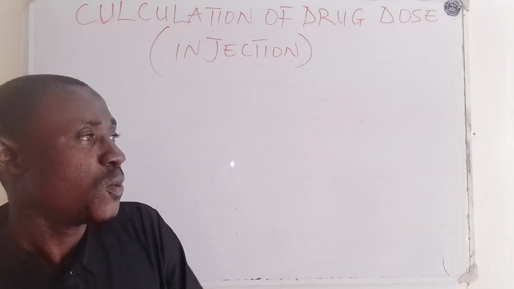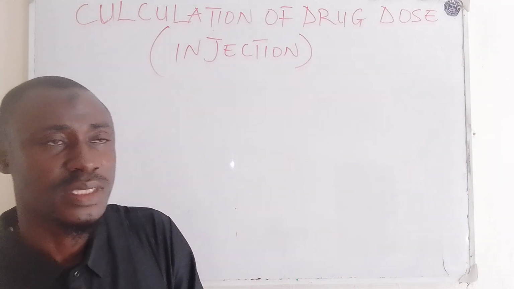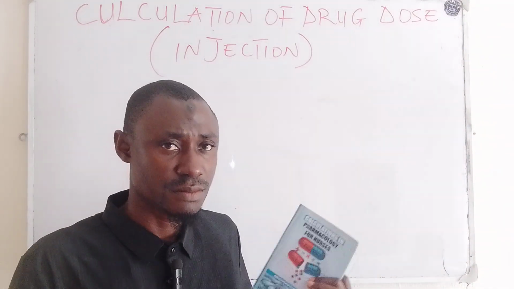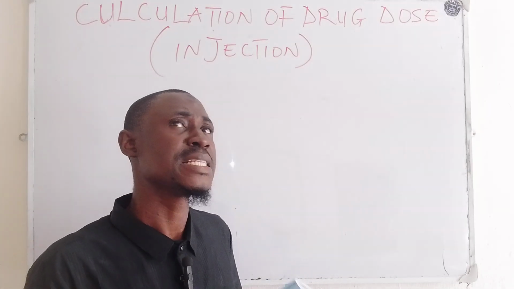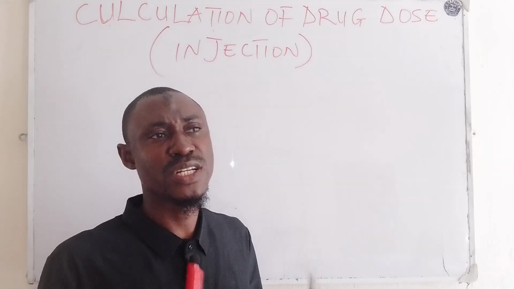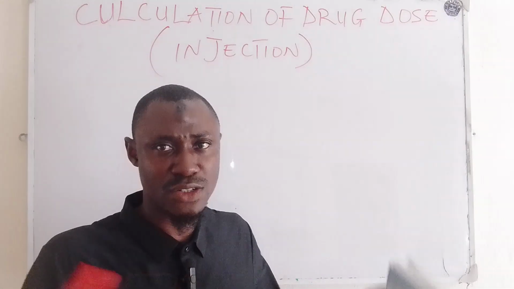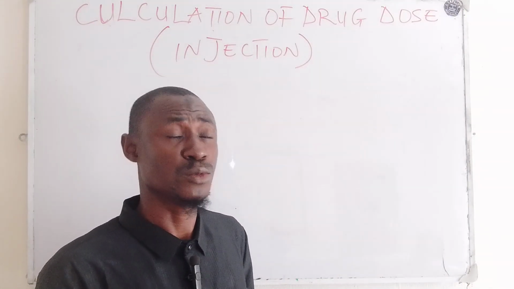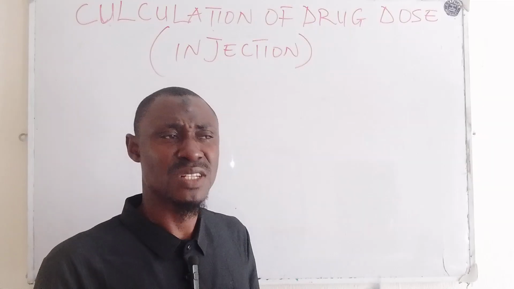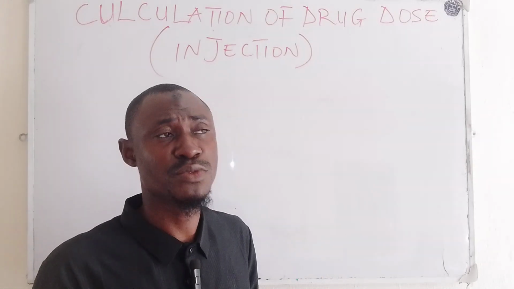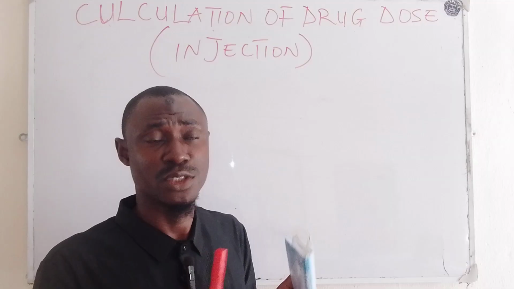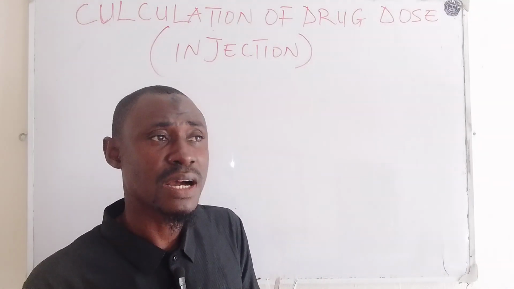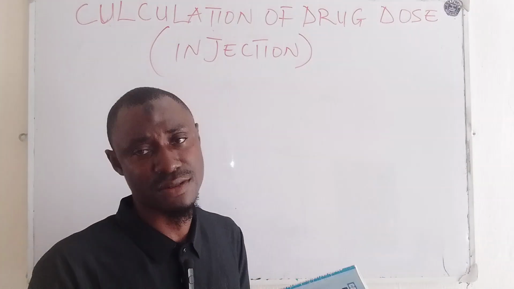What this statement is saying is, there's a formula I'll be showing later that is applicable to calculations that involve injection only. Though we can use it for some other calculations, for this very class we are going to use it to calculate the dose of a drug, specifically for injections.